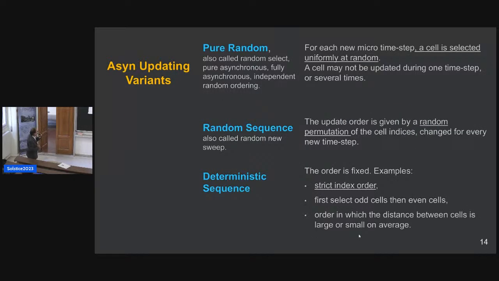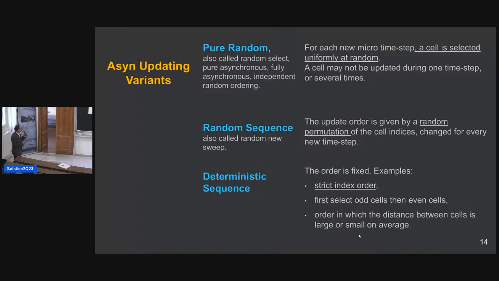We can use the different asynchronous updating variants. One which I call pure random. You just select at random the cell, and then you update the selected cell.